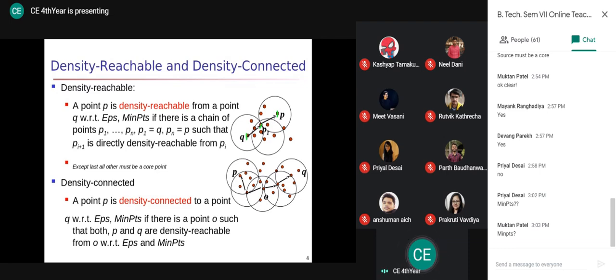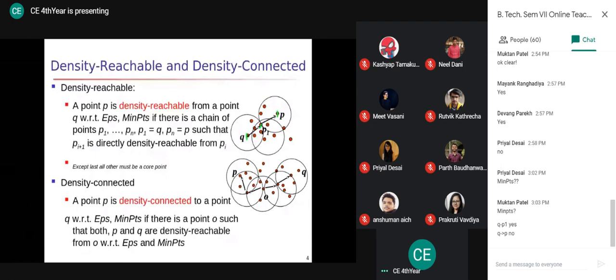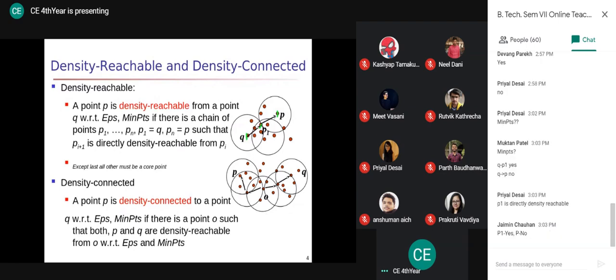Min points is 4, and EPS is given, the boundary is given. Fine. So with respect to Q, P1 we can say is directly density reachable.